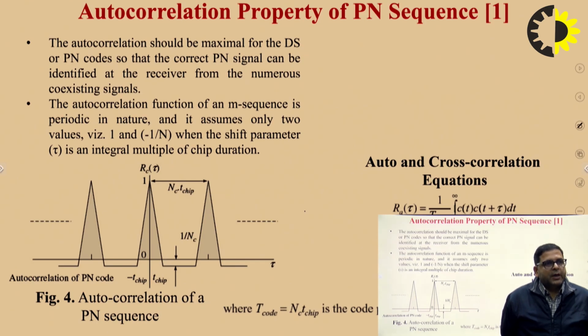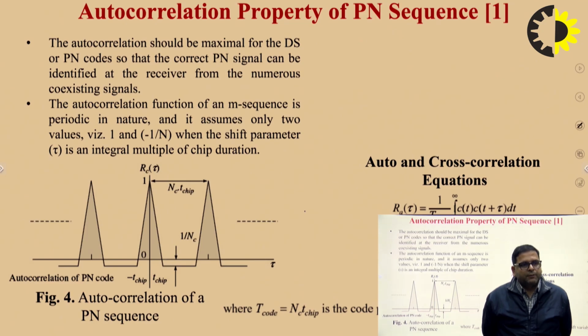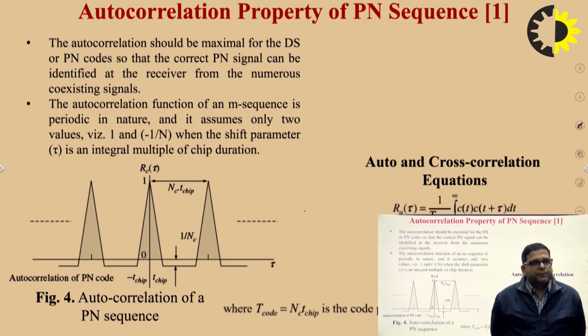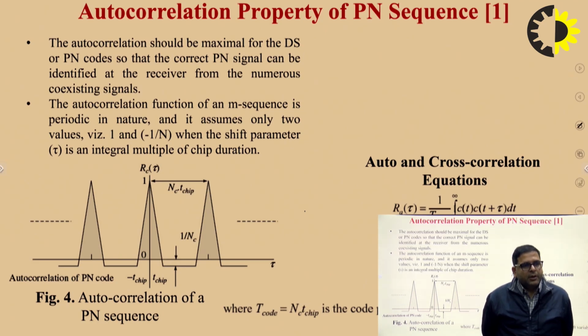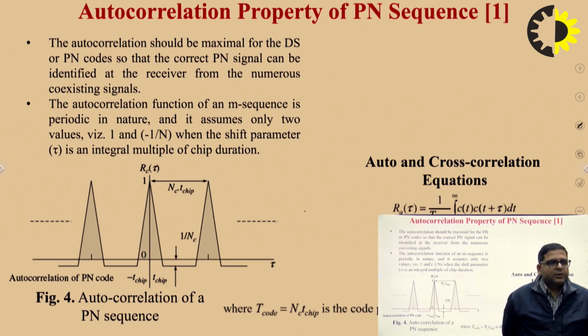The second property of a PN sequence is its autocorrelation function, as shown in figure 4. As we can see from figure 4, the autocorrelation function is binary valued. As we said earlier, at tau equals 0 it should be maximum, and at other instants it should be near about 0.